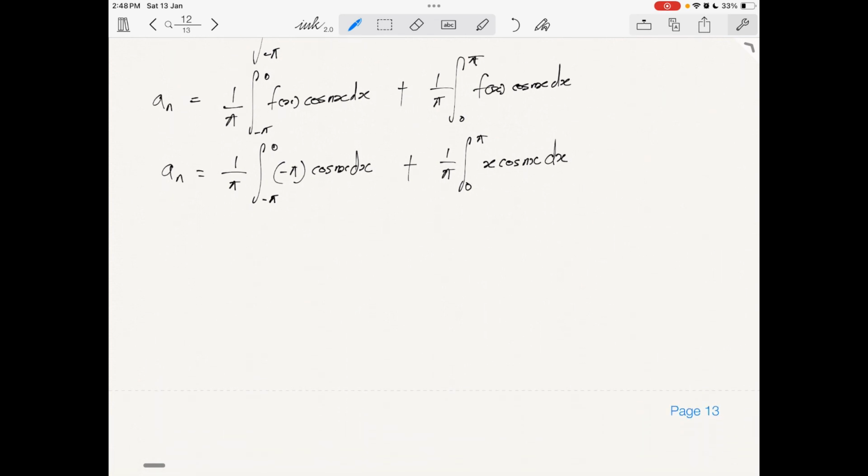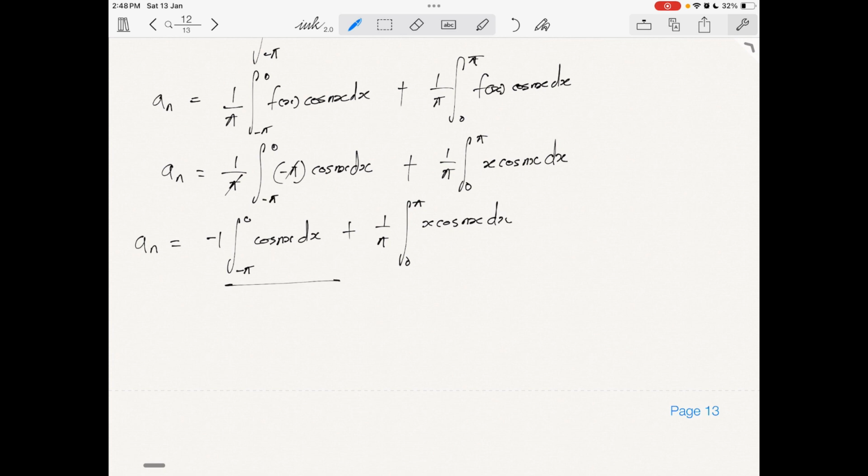So let's focus on these now, and we solve for an. This pi can cancel this pi, and we are left with minus 1 outside, integral of minus pi to 0 of cos nx dx, plus 1 over pi integral of 0 to pi of x cos nx dx.